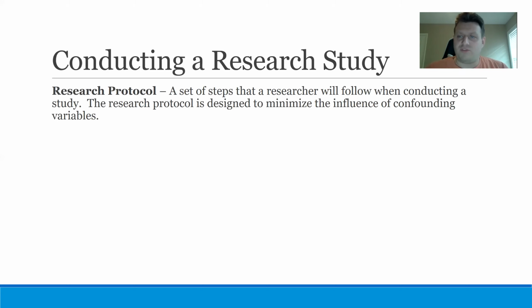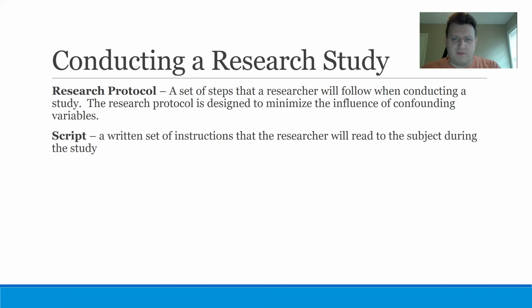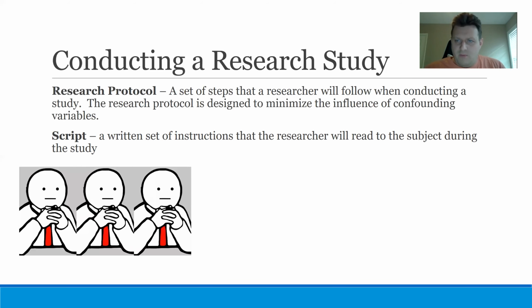We follow this research protocol to minimize the influence of potential confounding variables. If we're interacting with subjects, sometimes we might follow a script, which has sentence by sentence everything that we're going to say to the subject, and we don't deviate from that.